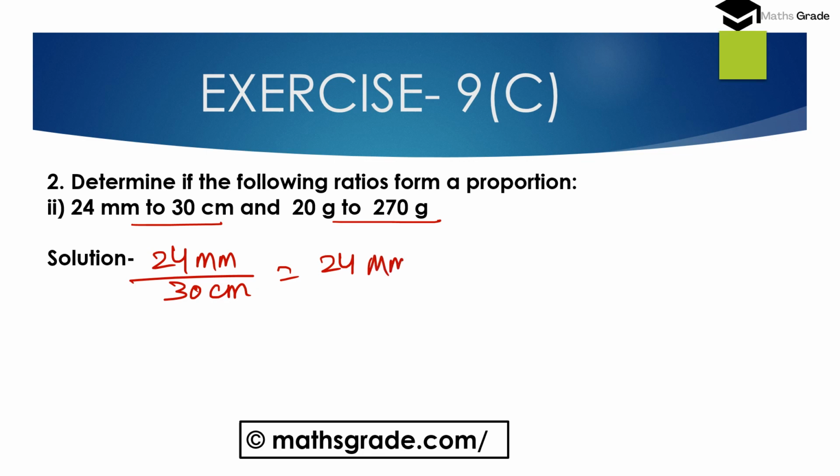We know 1 centimeter is 10 millimeter, so 30 centimeter will be 30 multiplied by 10, that is 300 millimeter.